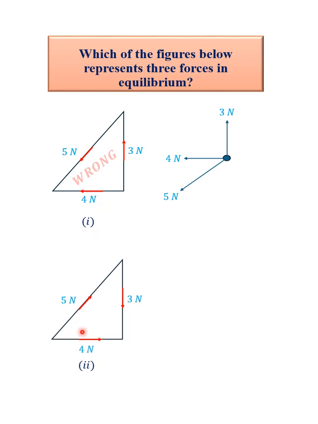Now let's look at the number 2. Again, we start with the 3 Newton force acting towards the south. So we draw it from this point object. It is acting towards the south. The 4 Newton force is acting to the east. Expectedly, we should have a balancing force, or sorry, the equilibrium force, the third force, to be acting in this direction. Now let's check 5 Newton.